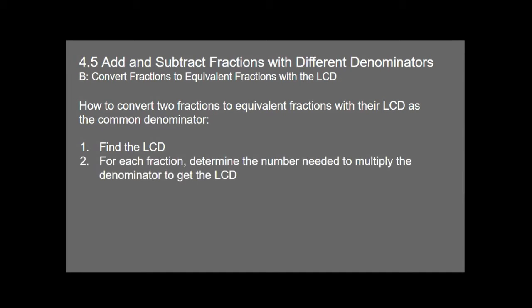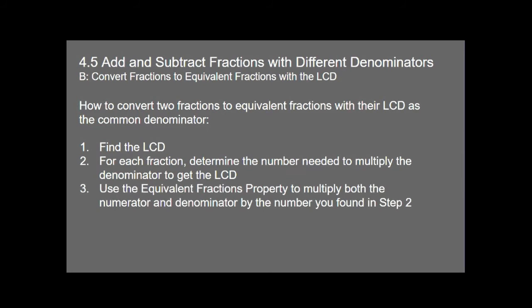Next, for each fraction, determine the number needed to multiply the denominator to get the least common denominator. And I know that's a lot of words. When we put it into practice, it'll make more sense. Okay, so you're going to determine the number needed to multiply the denominator to get the LCD.